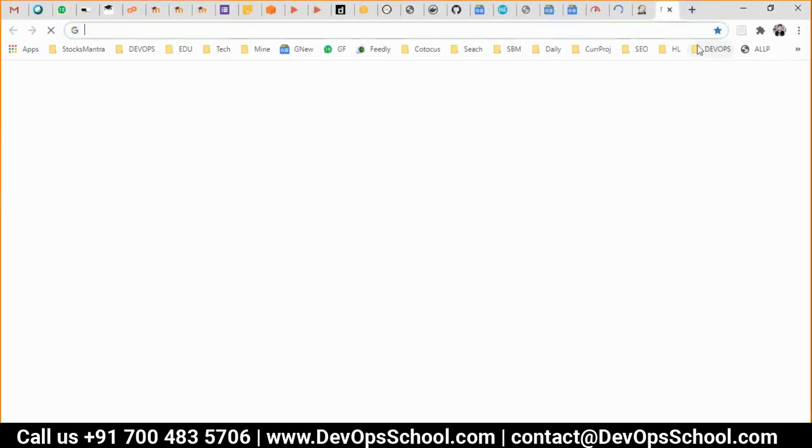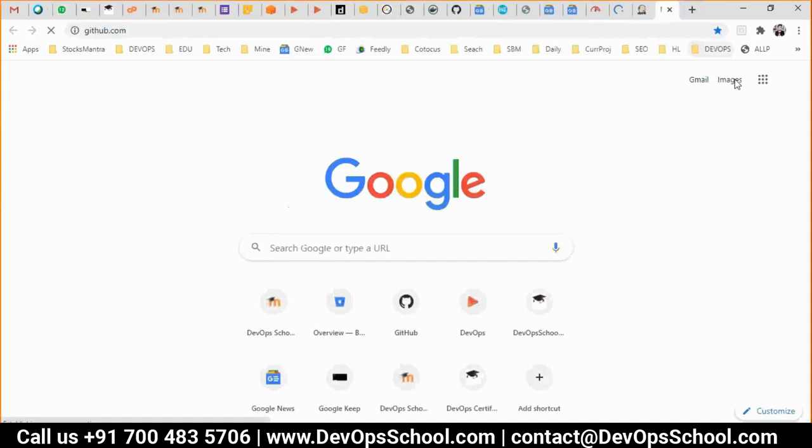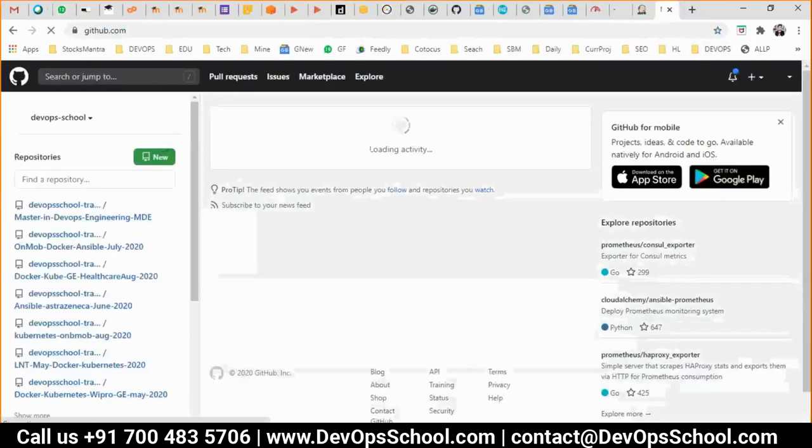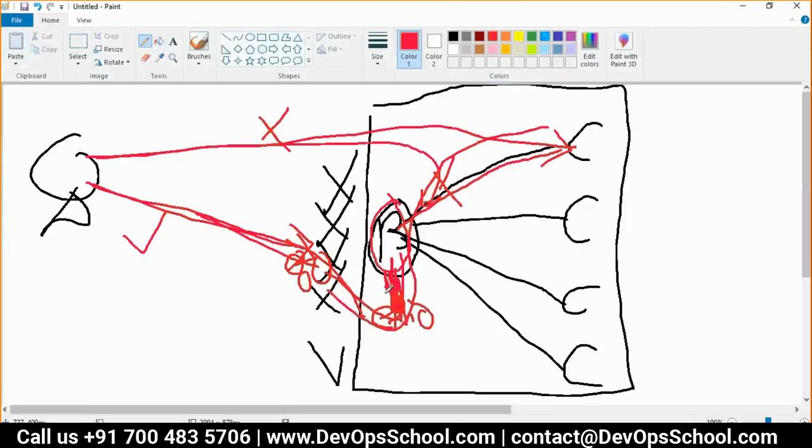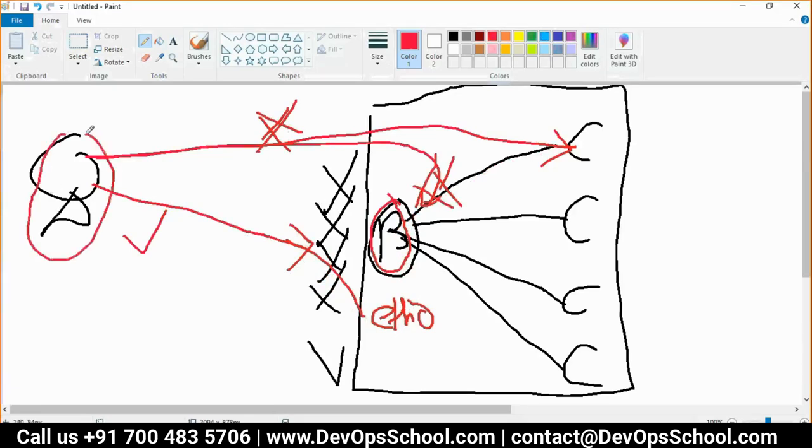Rajesh, but we will have a different IP for each Docker, right? That's what I'm saying, sir. You do not access the container IP. You have a different IP address for each container, but can you access it?